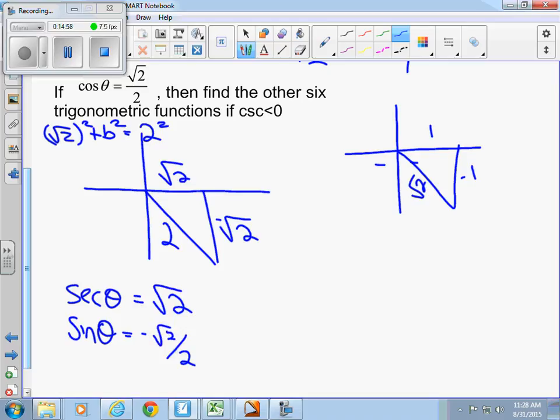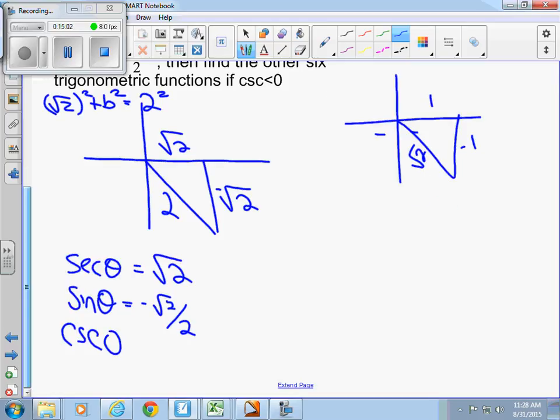Either way, either triangle would give you that. Cosecant would give you negative 2. If you use this triangle, you'd have to do some simplification to get there. If you use the other triangle, that's just where we are, either way works great.